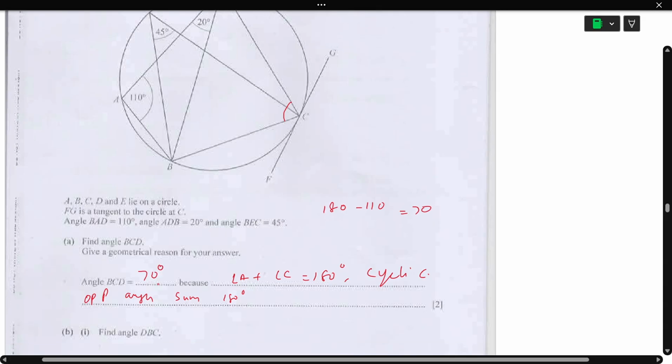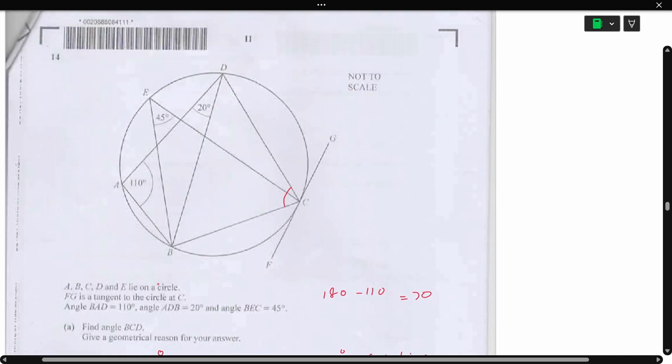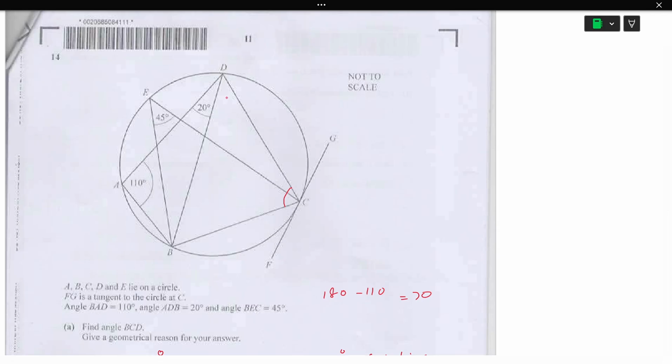Next, find the angle DBC. We need to find this angle. This full angle is 70 degrees, we have done that already. Here CD is the base.